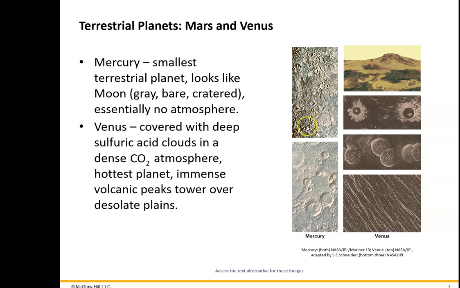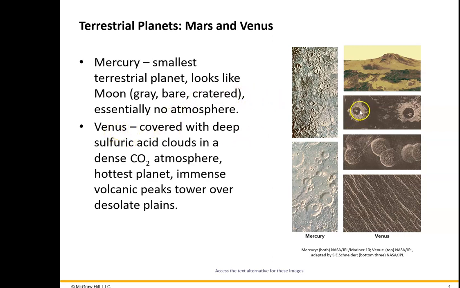The mission in 1974 was literally a flyby. They did take some close-up pictures. I might have said Mariner 4 earlier. It was Mariner 10. It did take some close-up pictures of Mercury, but for a long time, that's all we had. That's the best information that we had about Mercury.